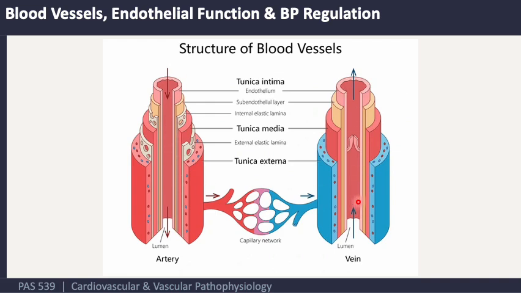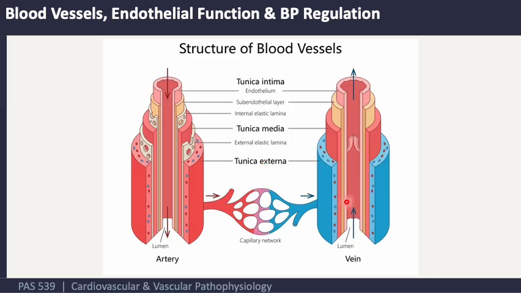The endothelium is very important for regulation of vascular tone. And then you have these other areas. The endothelium is part of the tunica intima, and then you have the tunica media and the tunica externa.